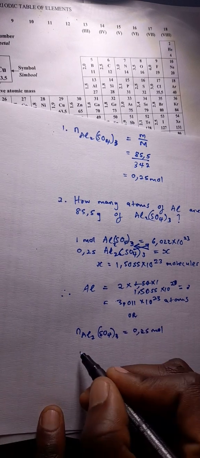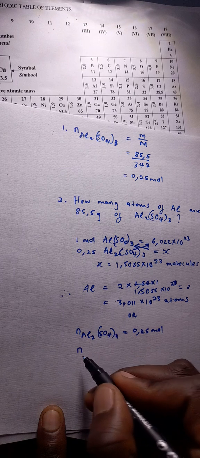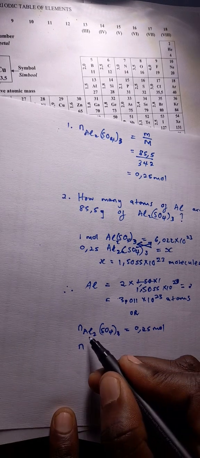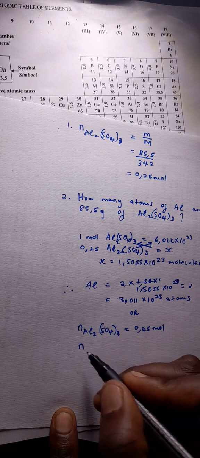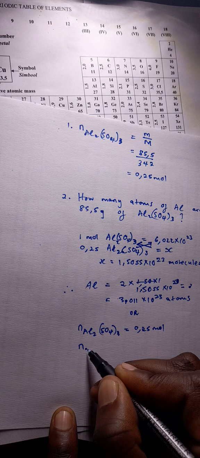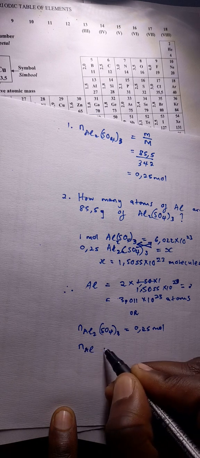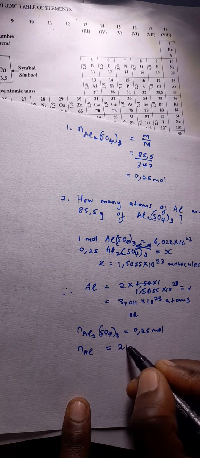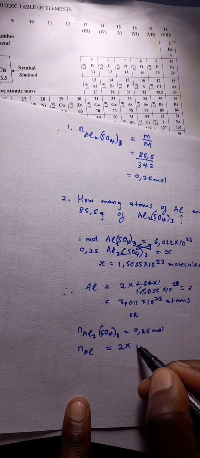How many moles of aluminium are we having? You can see the mole ratio is going to be 1:2. So the number of moles of aluminium will be twice the number of moles of aluminium sulfate.